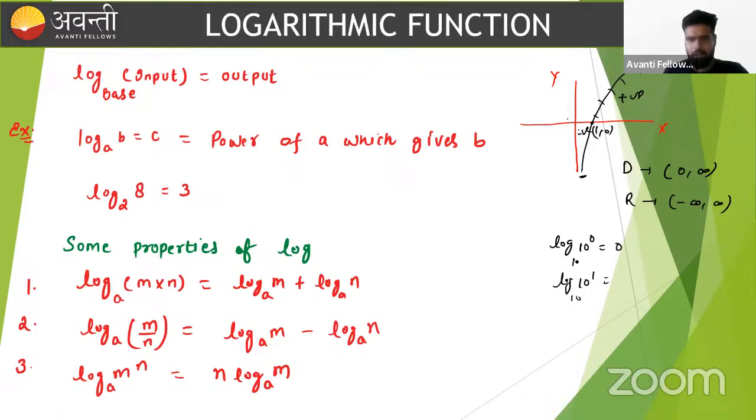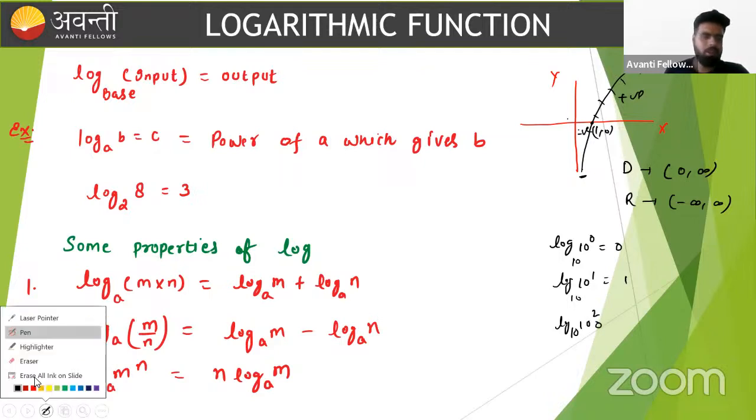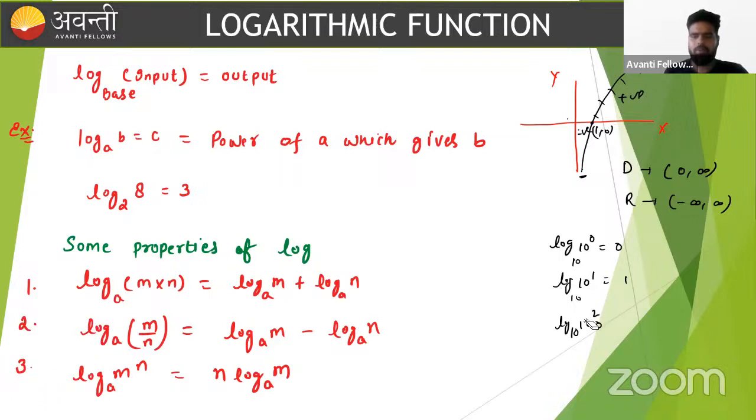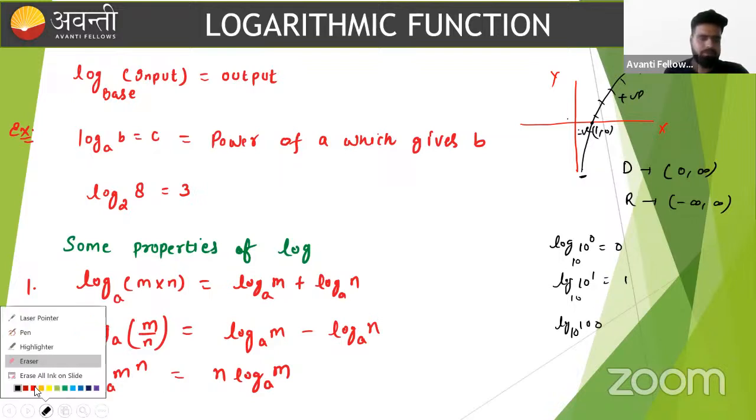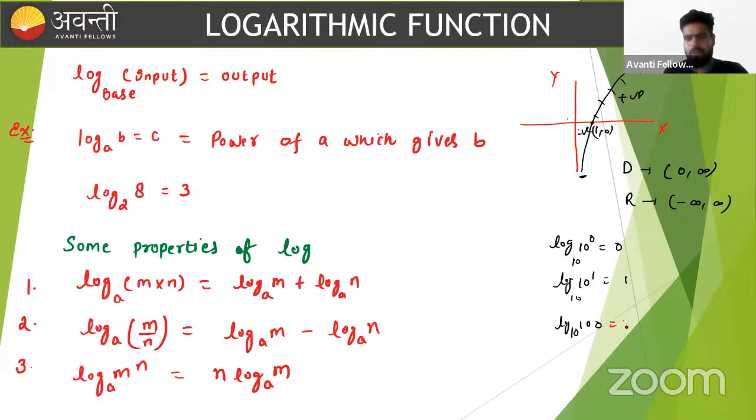On base 10, that is 1. If log of 10 raised to power 2, it means 100, is given, what is this value? Can you tell me? What is your answer, beta? This is 2.